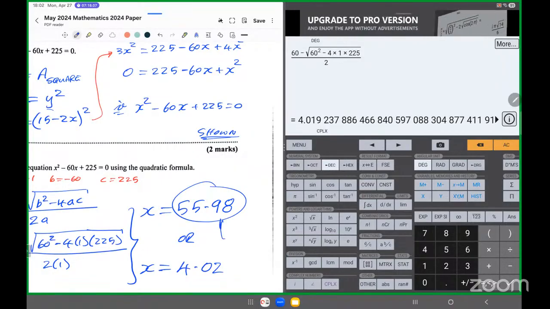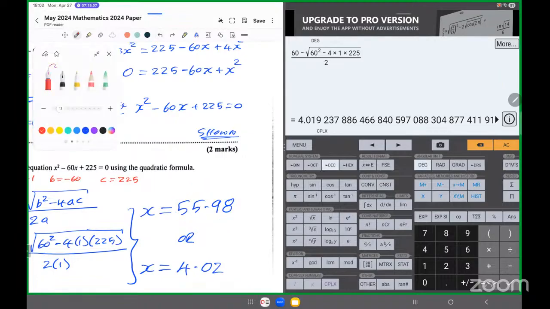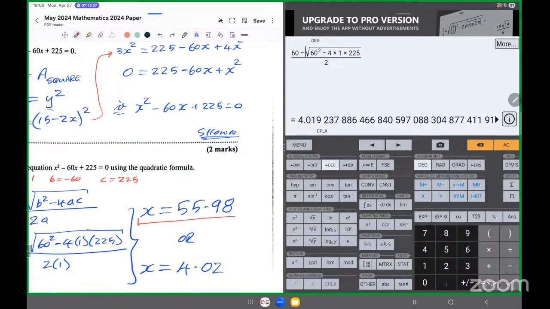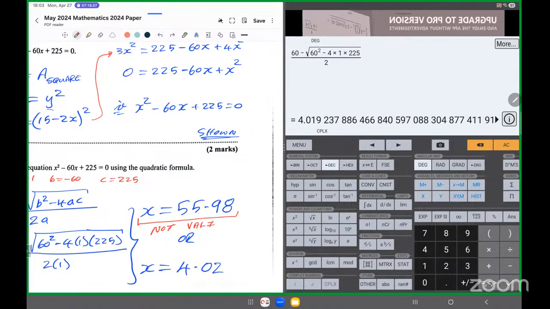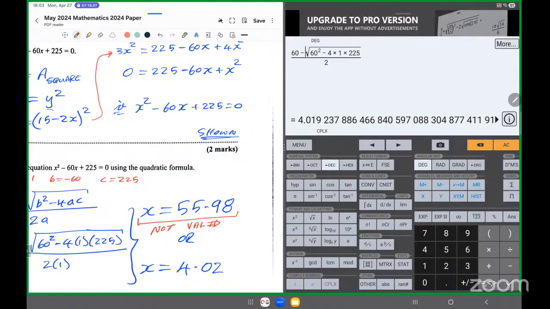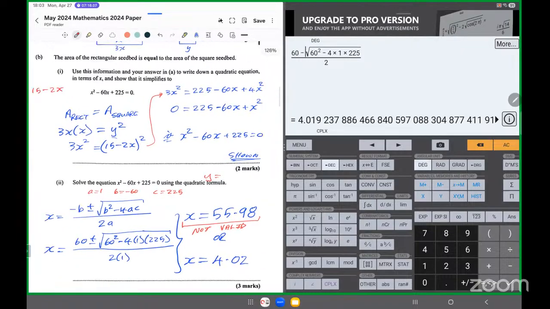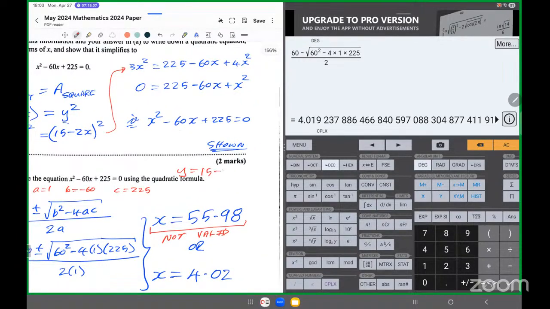We cannot accept this answer. This answer is inadmissible; it is inconsistent with the information. Another way you could know it is not valid is if you try to calculate the y. Remember, the y was equal to, what was it again? The y was equal to 15 minus 2x.